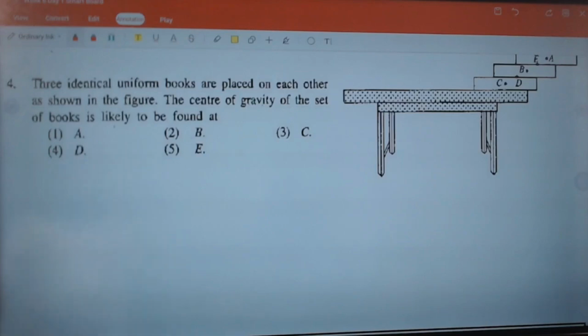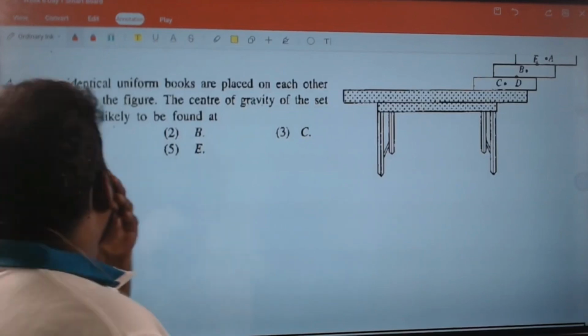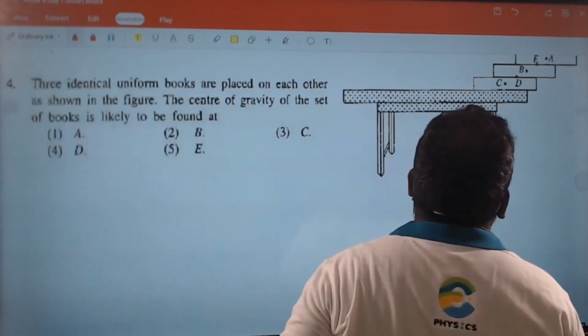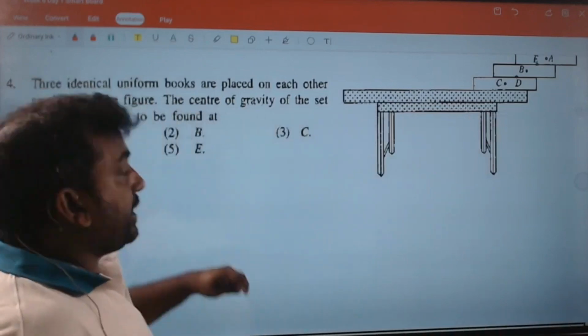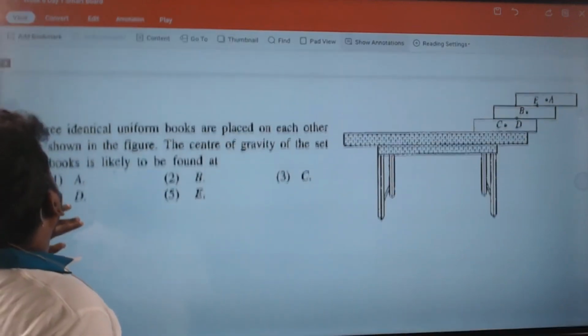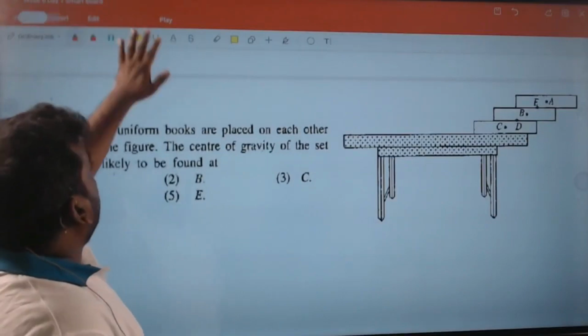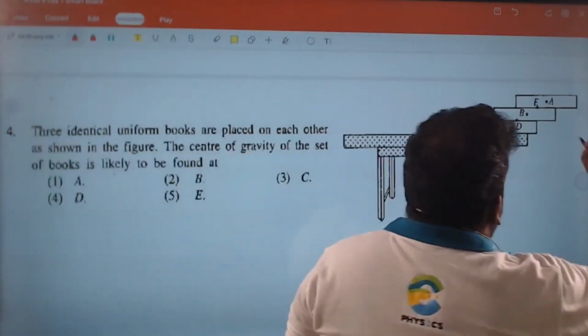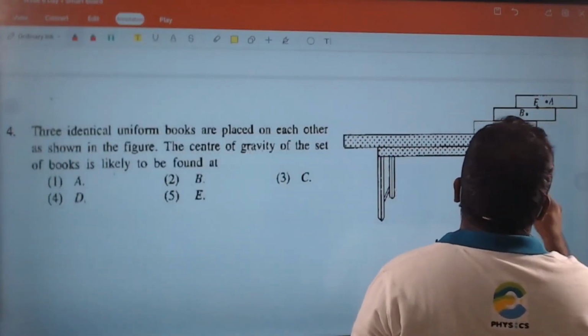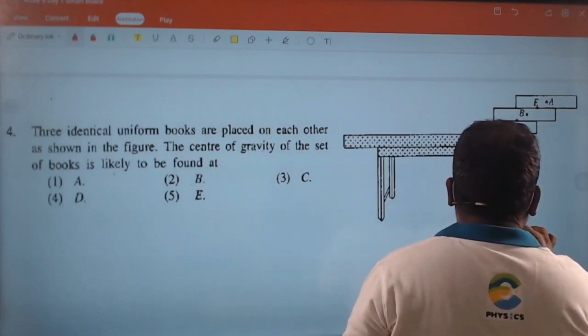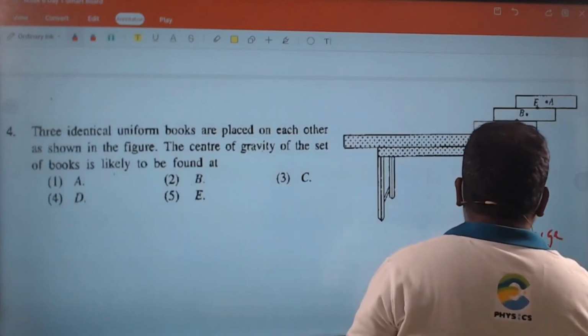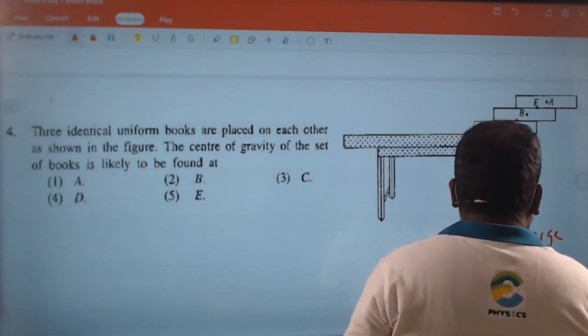Next one. 3 identical blocks are placed on each other as shown in the figure. Center of gravity of the setup is. Look at the board carefully. Now, whatever happens, this is on the verge of toppling.